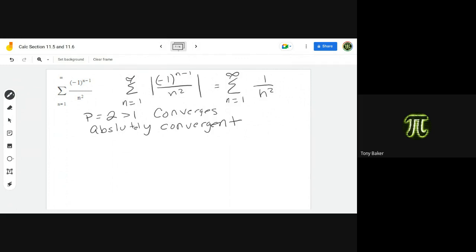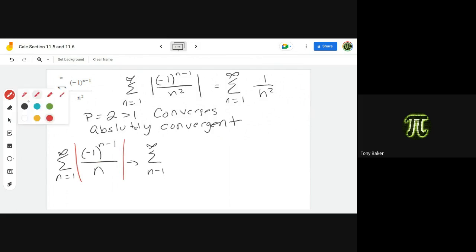What if I did this series? If I take the absolute value of this, it goes to 1 over n, right? And that does what?